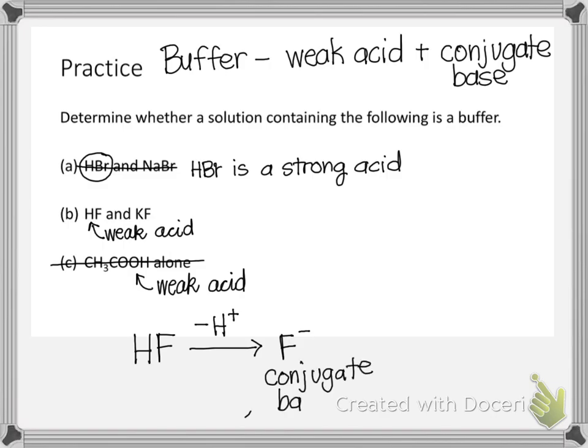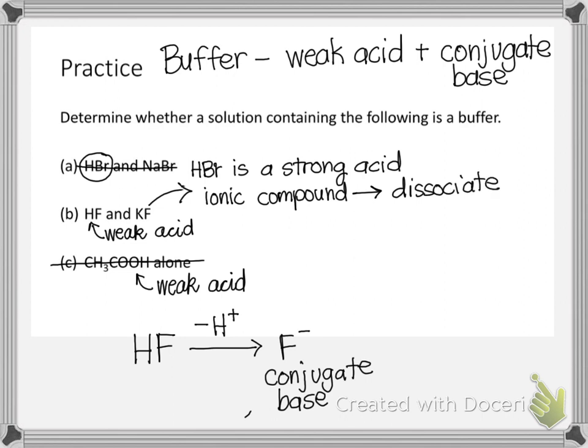Now, here's the thing about chemicals. There is no chemical F minus. It's a fluoride ion. It doesn't exist just by itself. So where the fluoride ion comes into play is you have to have an ionic compound. And ionic compounds, when they're dissolved in water, they dissociate.